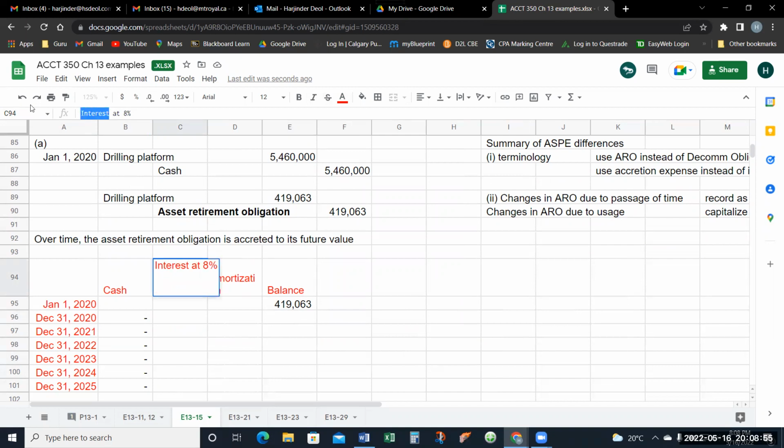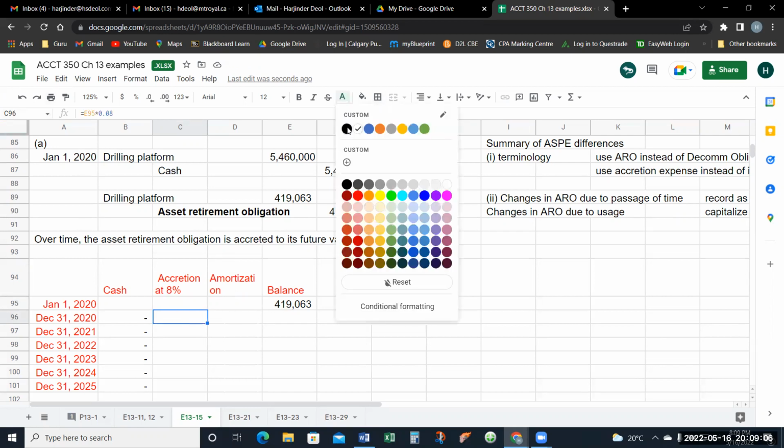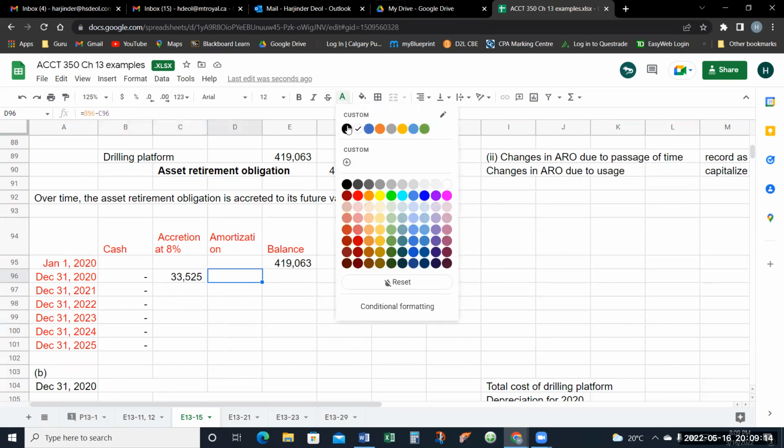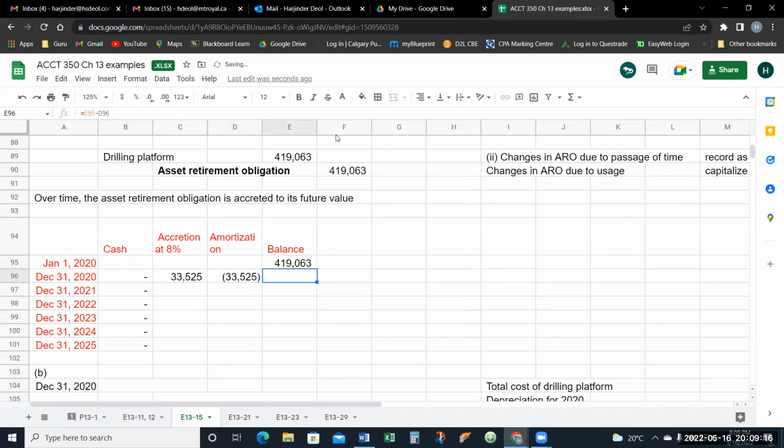Under ASPE, we do not want to use the term interest, so use the term accretion, okay? So first year, 8% of 419,063 works out to accretion of 33,525. Because there's no cash paid, this amount basically gets added to the asset retirement obligation. Negative amortization increases the liability for us.